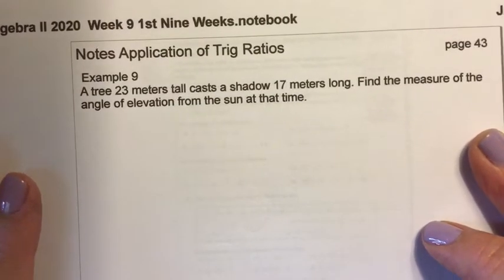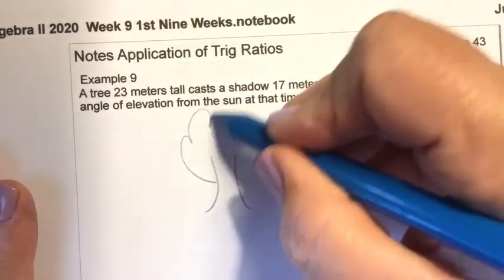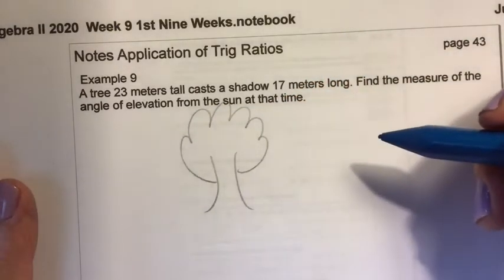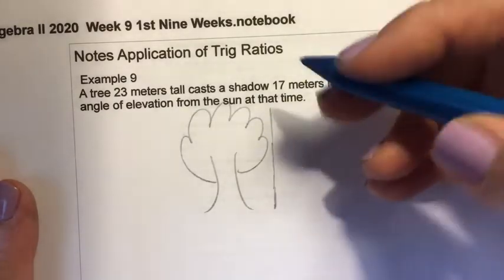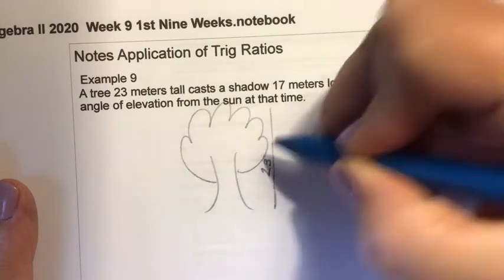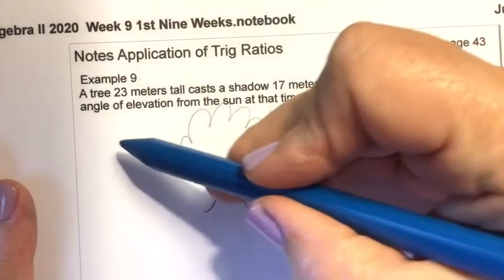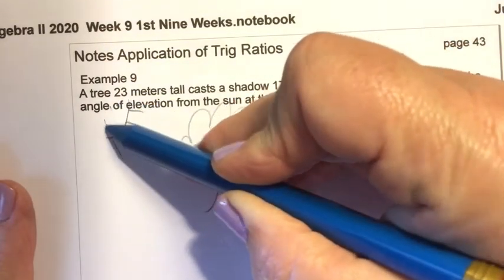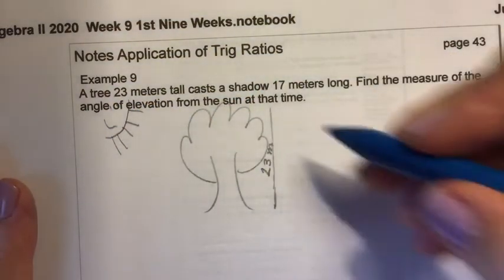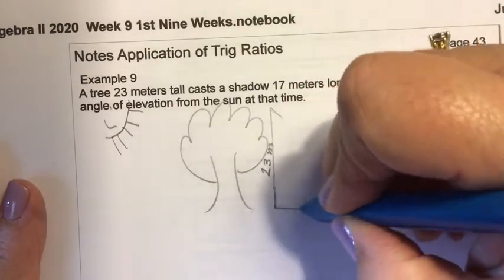Example 9. A tree that is 23 meters tall casts a shadow. So over here's the sun. Casts a shadow, and your shadow's on the ground.